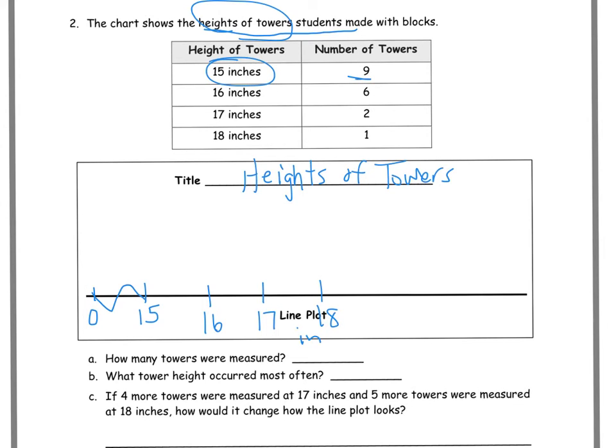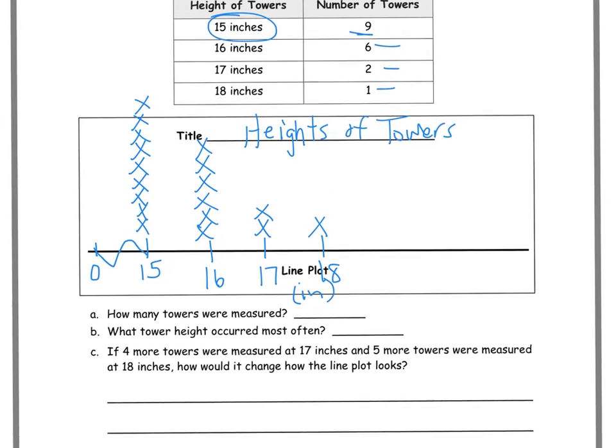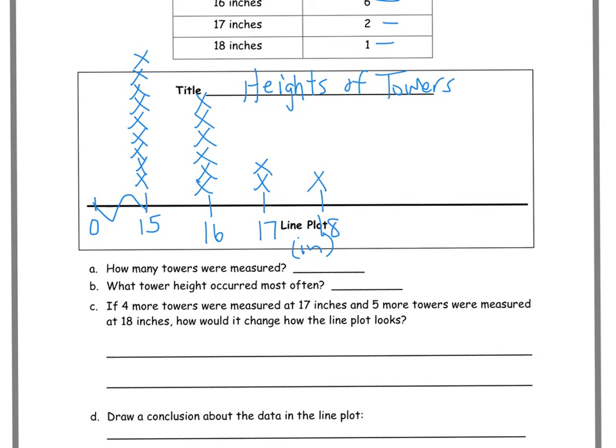I see 15's 9. 16 is 6. 17 is 2. And 18 is 1. So all of them are plotted in there, and I put my units down below for inches.